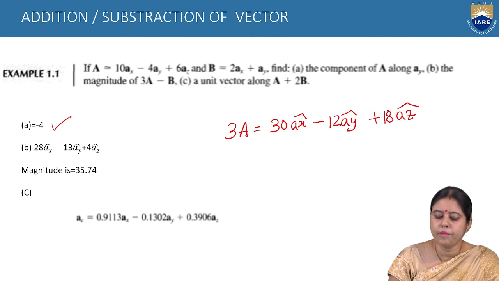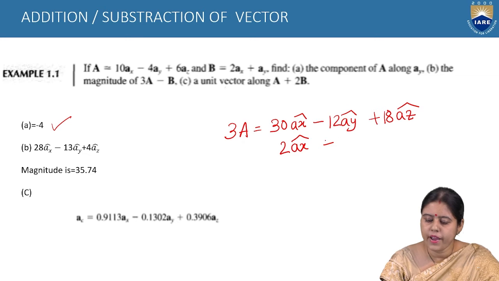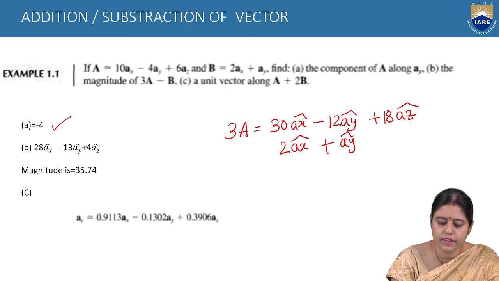What is the value of b? b is 2ax plus ay, and there is no az.